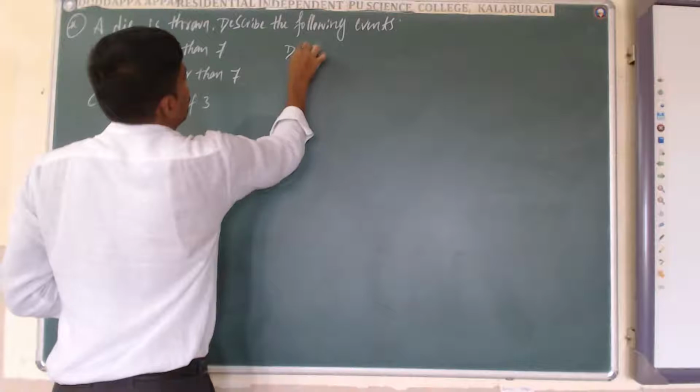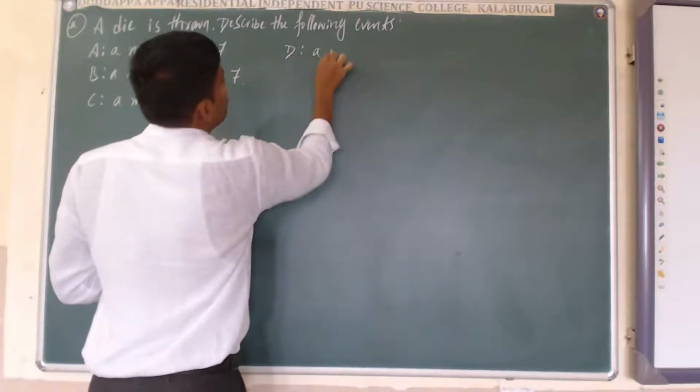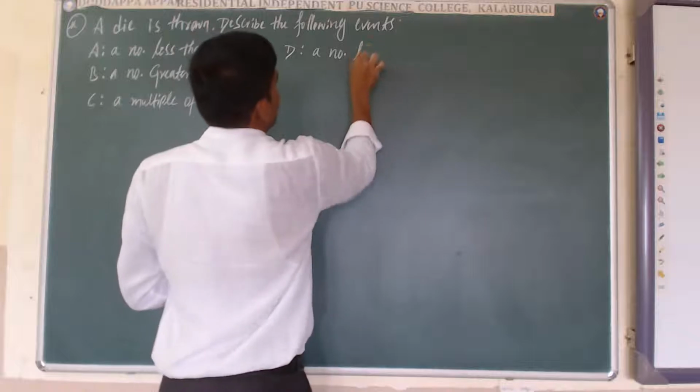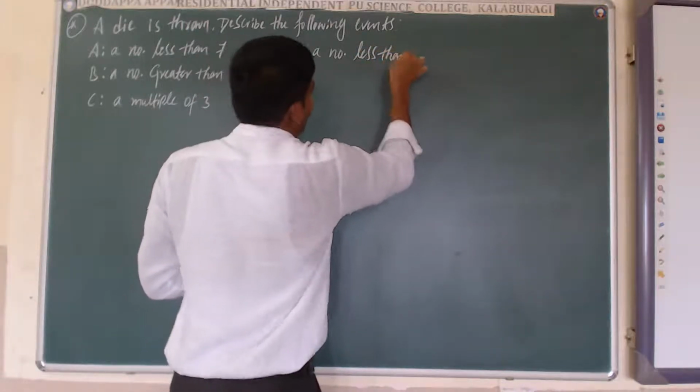B, a number greater than 7. C, a multiple of 3. Next one, D, a number less than 4.